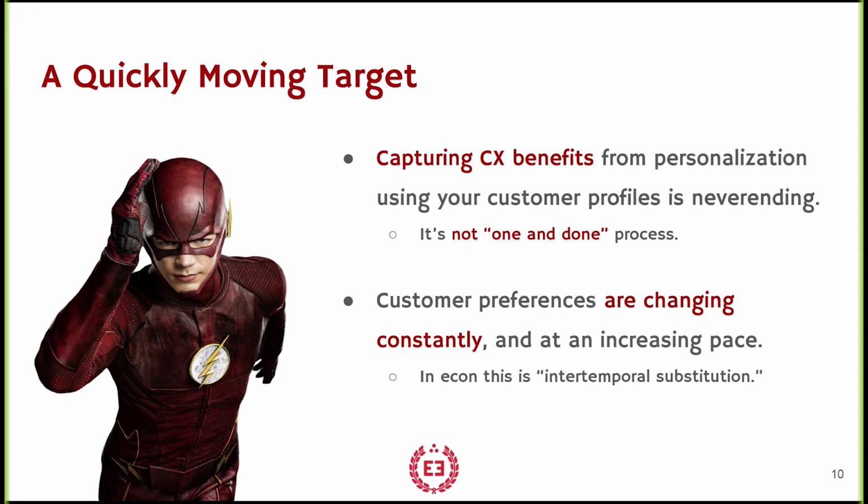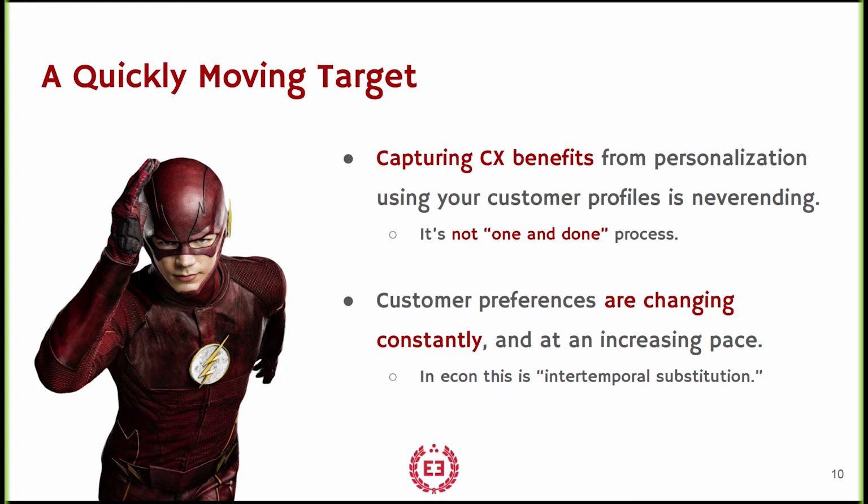But the rate of change itself is also increasing. Now, in economics, this is termed intertemporal substitution. And basically what it says is people's preferences for something do not just happen in one time period. It's not just about today. So if your CX strategy is only talking about that present group and you're not looking at that past group and trying to predict that future group, you're going to get caught off guard at some point.